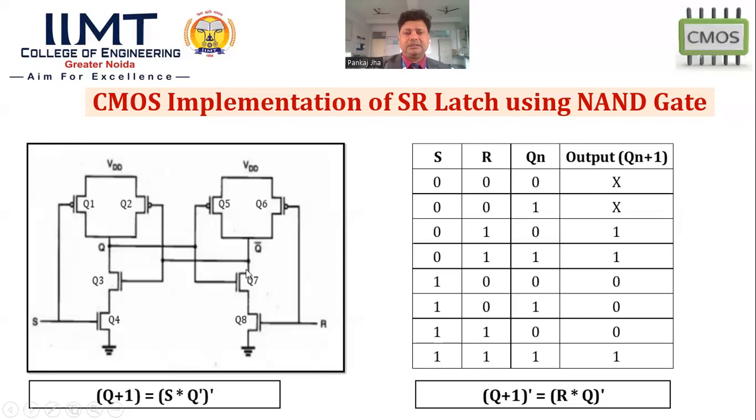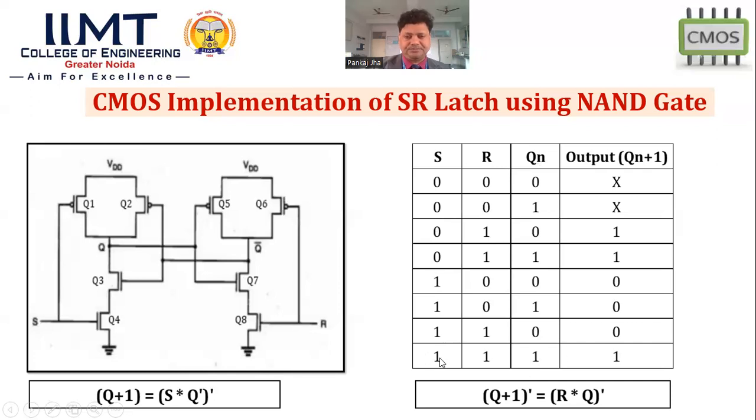In that case, both transistors will be in saturation mode, and this will be grounded. So Q bar will become 0 here. So for input S equals 0, R equals 1, and Qn equals 0, we are getting high output.